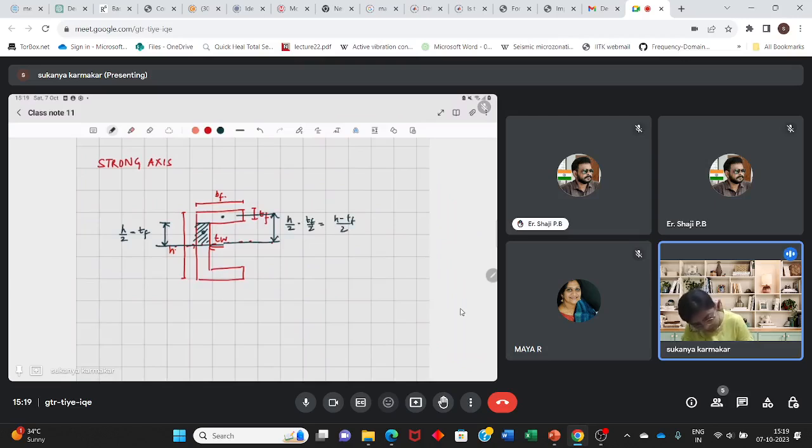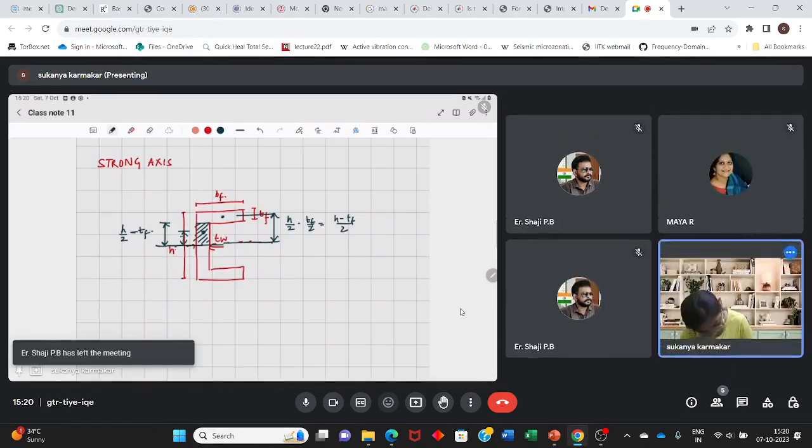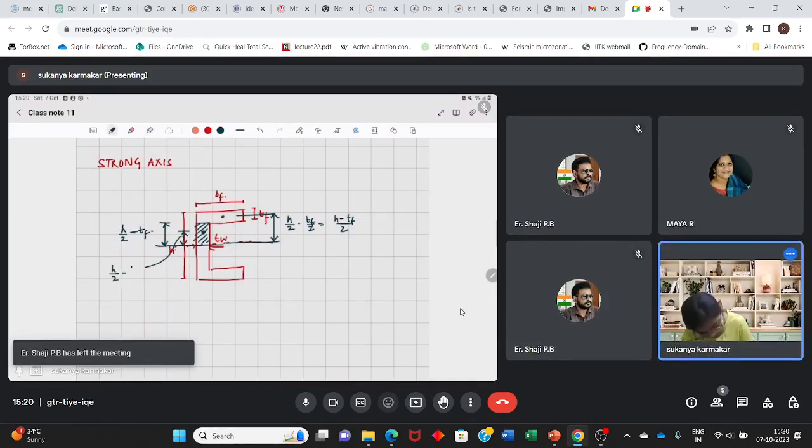And this centroidal position will be at a height of h by 2 minus tf.